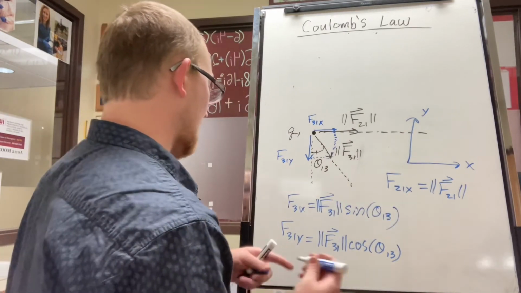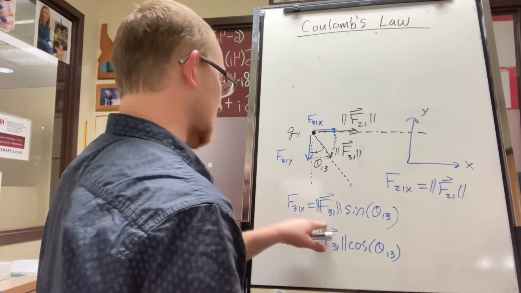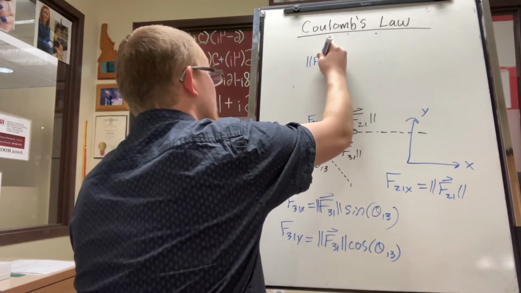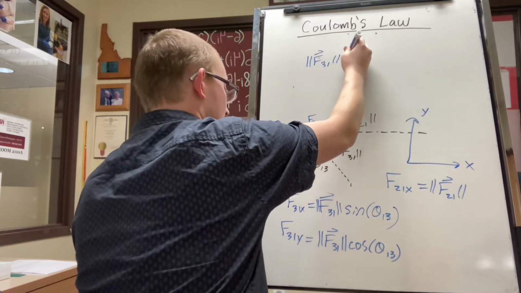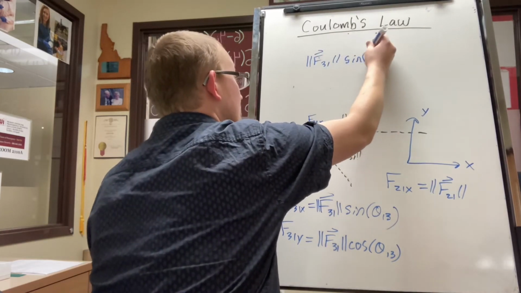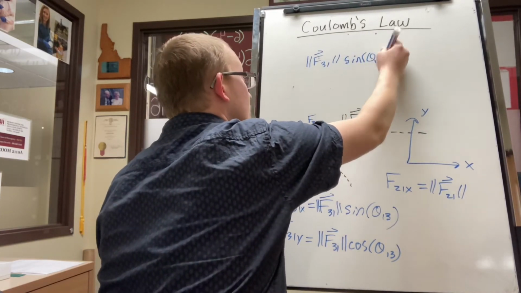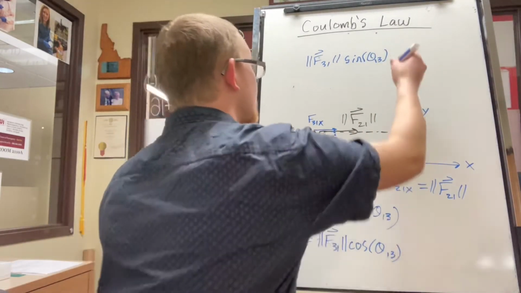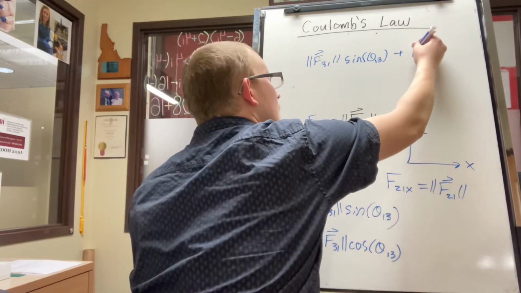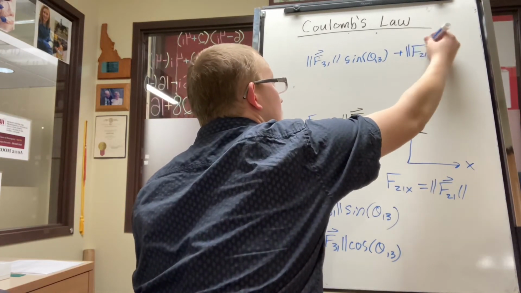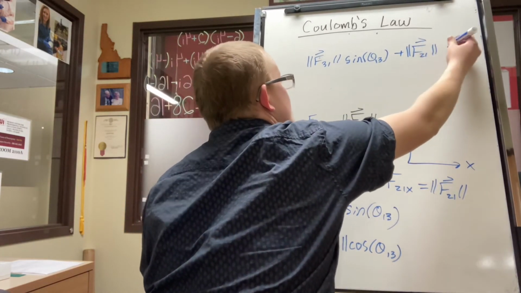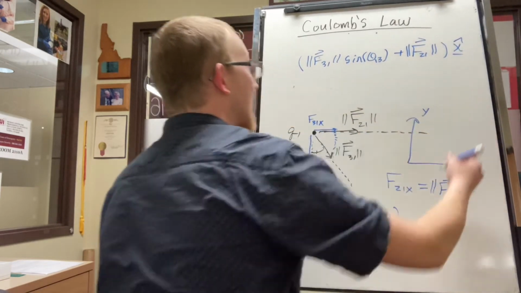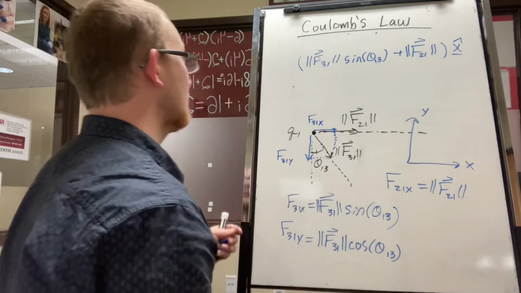Well, let's start with the x's. F3,1x is the magnitude of F3,1 sine of theta 1,3. And then we're going to add the other x component, the magnitude of F2,1. And this is all the x component, so x hat or i hat, whichever one you want to do.